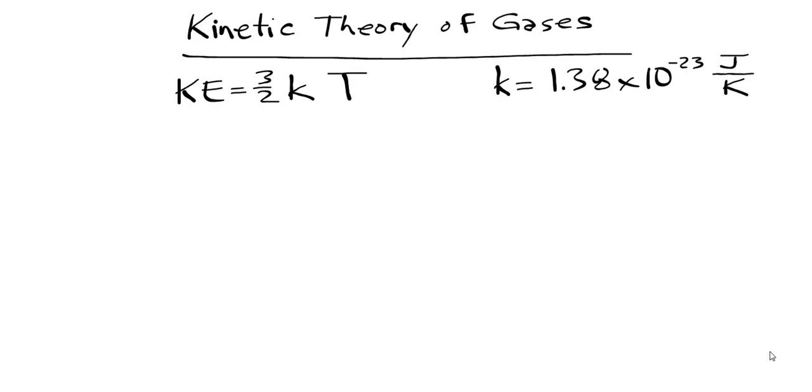This is actually the kinetic energy of a single particle or a single molecule. To use this in conjunction with other formulas we know, it really comes down to substituting what we know as the kinetic energy from our mechanics unit, 1/2 mv squared.